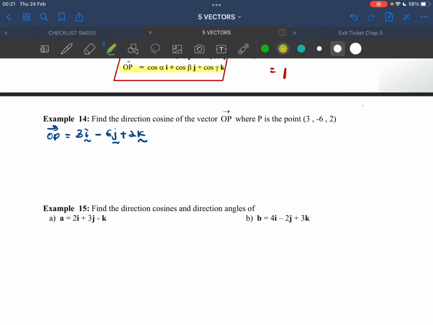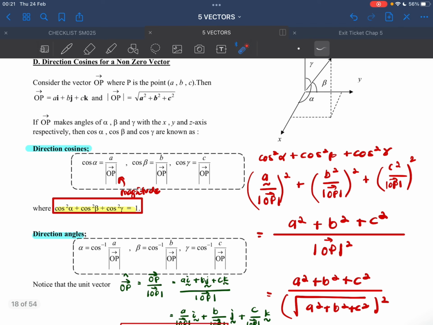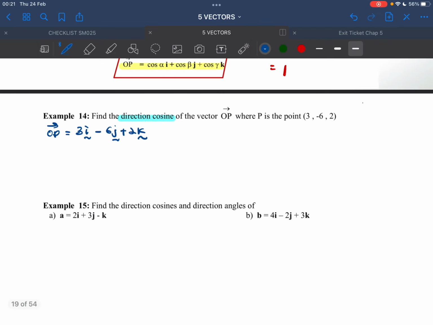The question asks to find the direction cosine, so we have to find the magnitude first. So the magnitude of OP, remember the formula: square root of 3 squared plus negative 6 squared plus 2 squared. We have 9 plus 36 plus 4, you'll get 49. Then we end up with square root of 49.